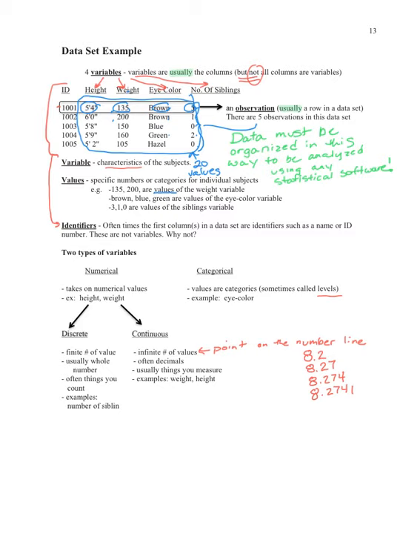In our example here, height and weight are both things you measure. You could measure them finer and finer, even though we have weight written down in whole numbers here. Just the fact that it's whole numbers doesn't make it discrete. We could say, well, somebody weighed 135.2 or 135.28, and so on. So it's only the scale that's determining how many decimal points there are.